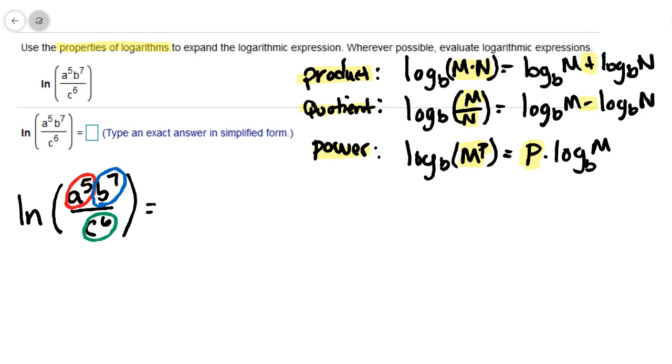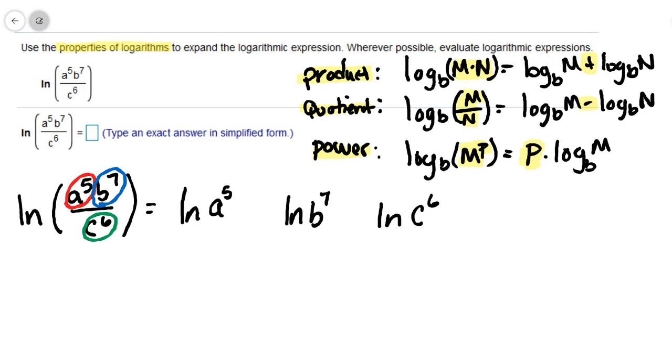Because we have those three individual factors, when we expand, we're going to expand to three individual logs. So I'm going to have natural log for the first factor of a to the 5th, natural log for the second factor, b to the 7th, and natural log of c to the 6th.